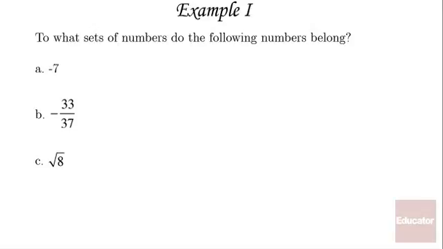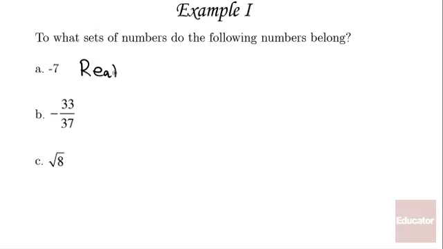In this example, we're going to talk about what sets of numbers various numbers belong to. So, to what sets of numbers do the following numbers belong? And they give us 3 different numbers. Looking at -7, it's a real number. It can certainly be expressed on the number line. And then I think, is it a natural number? No, because it's negative.